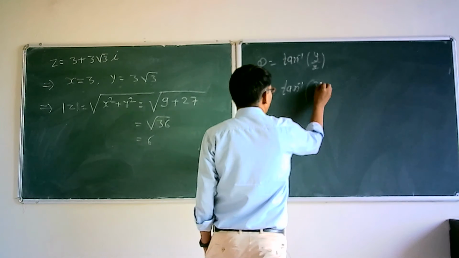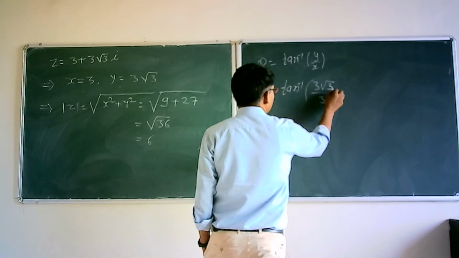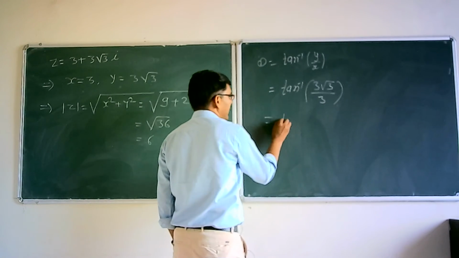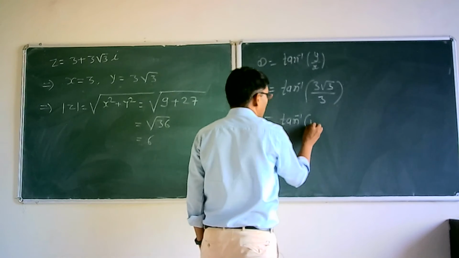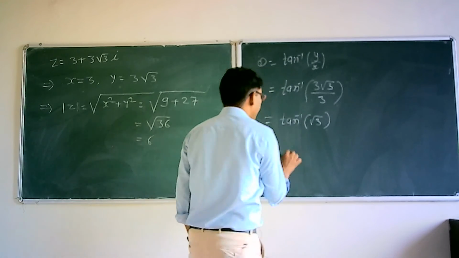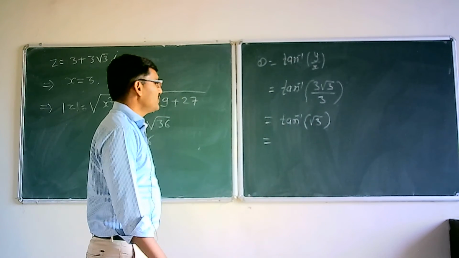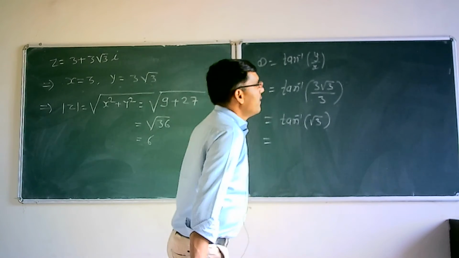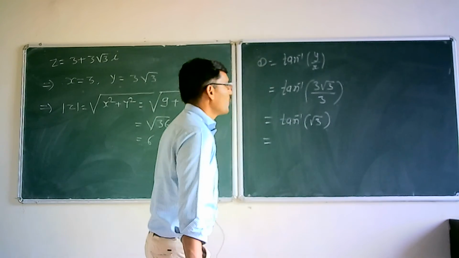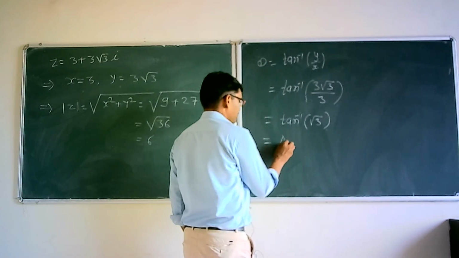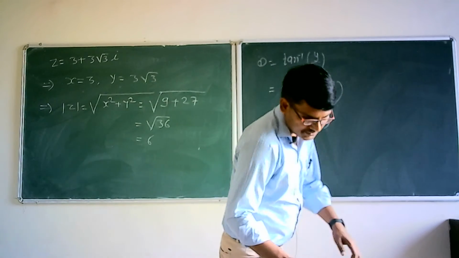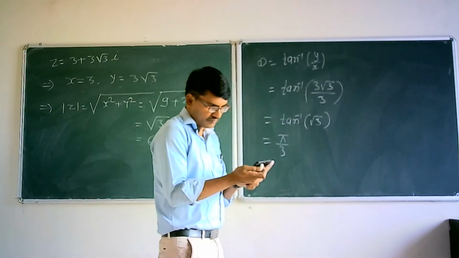It is 3√3 divided by 3. So this 3 will get cancelled. It is equal to tan inverse √3, and tan inverse √3 is equal to pi by 3.